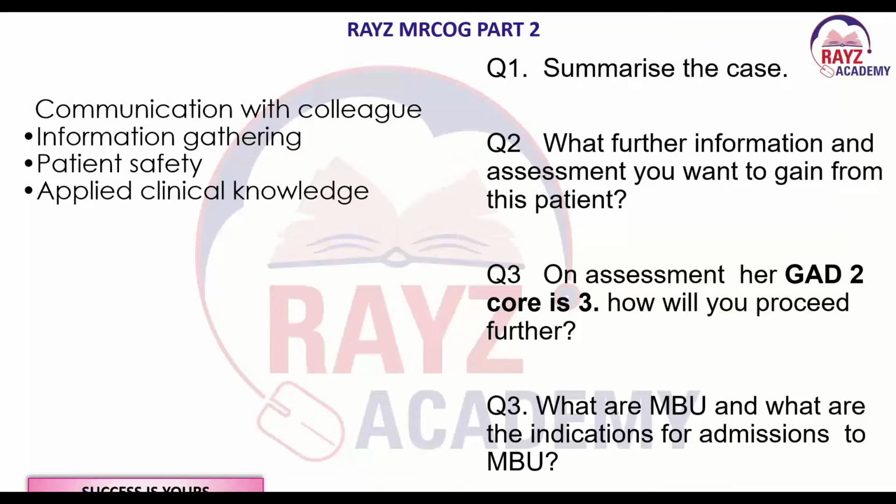Do you have anything else to tell regarding her intrapartum, postpartum period, or any pre-pregnancy counseling? Pre-pregnancy, she's already pregnant now. For next time, if she's planning, first of all after delivery she can plan for reliable contraception.